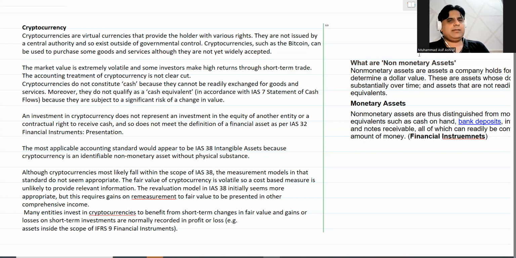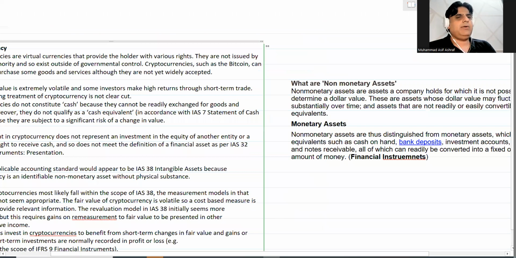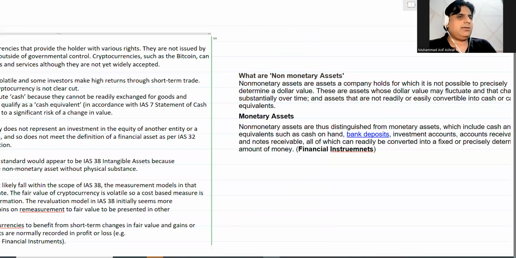Now the question is, if you invest in cryptocurrencies, how shall we deal with those rights? Mainly for dealing with the rights, we have two main accounting standards. One is related to monetary assets and the other to non-monetary assets.